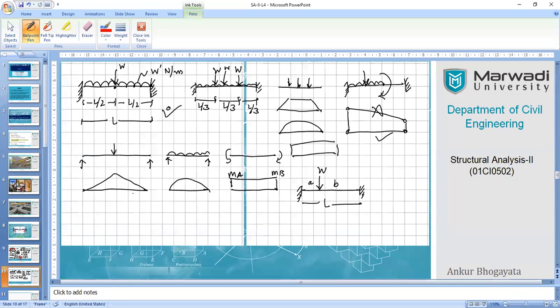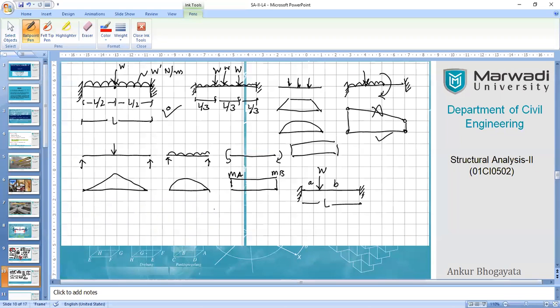Today's session is dedicated first to the loading condition which is not symmetrical, and how to get the answer for that, because it is difficult to prepare the diagram for complex unsymmetrical loading.